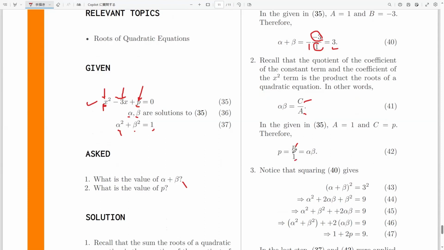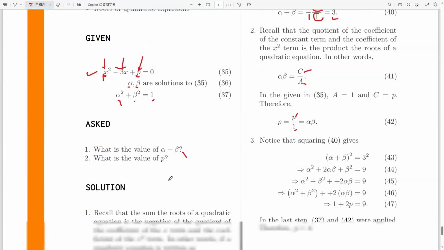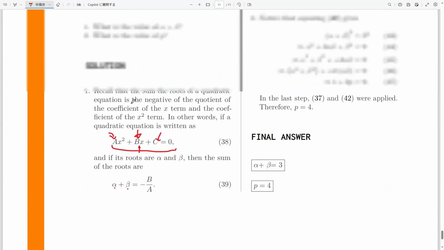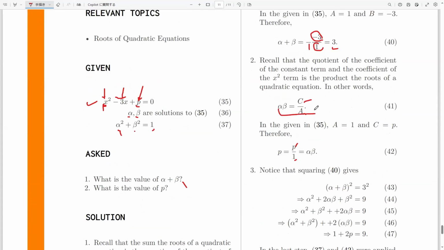Okay, we are told here that this quotient is just the product of the roots, which is alpha times beta. And so we know that p must be alpha times beta.